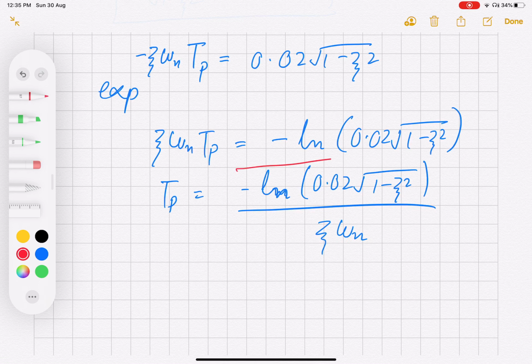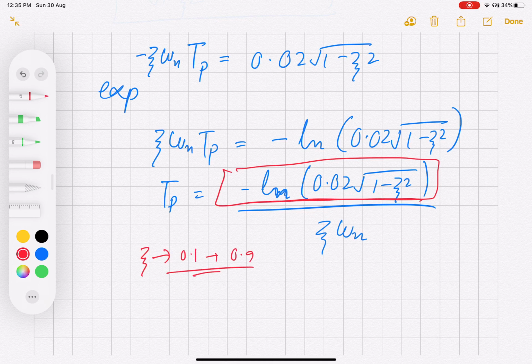This expression in the numerator, it is seen that for a variation in zeta from 0.1 to say 0.9, this variation in the numerator is very little and it stays around 4, right? So you approximate Ts, because your variation in the numerator is not much with variation in zeta between 0 and 1, as 4 by zeta omega n.